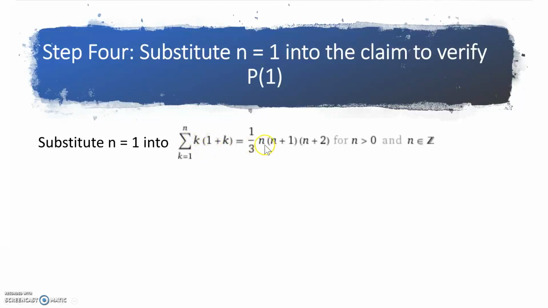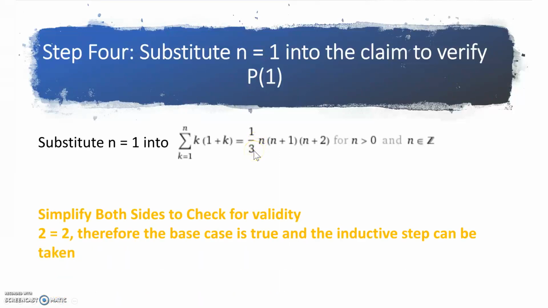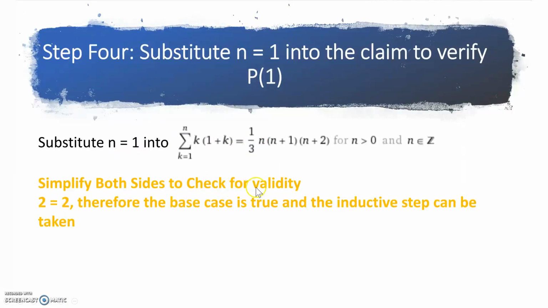And then in this formula, n equals 1. 1 plus 1 is 2. 1 plus 2 is 3. 2 times 3 is 6. 6 times 1/3 is 2. So simplify both sides to check for validity. We calculate that both sides equal 2. So therefore the base case is true and the inductive step can be taken.